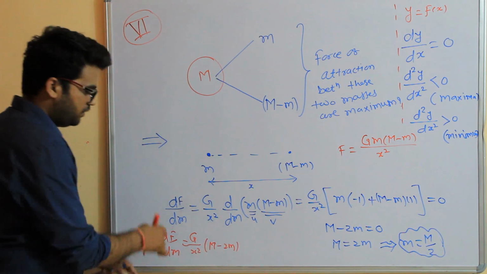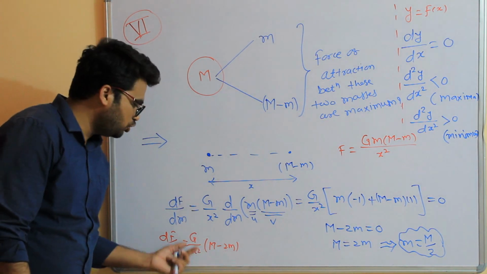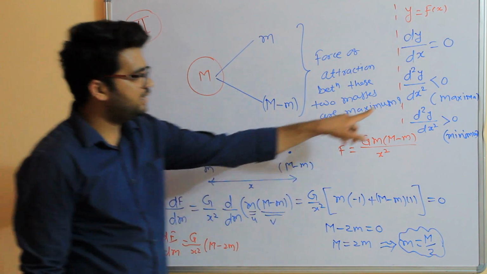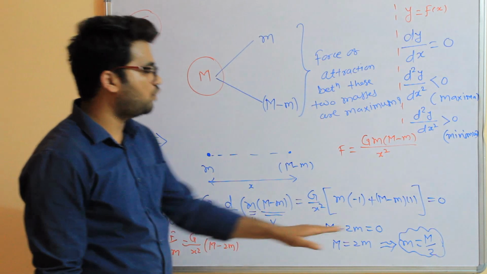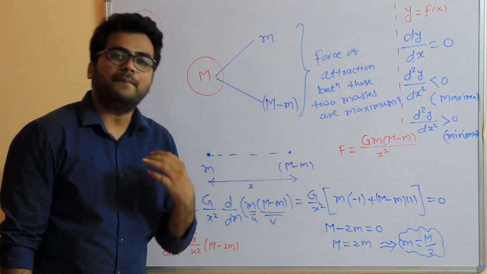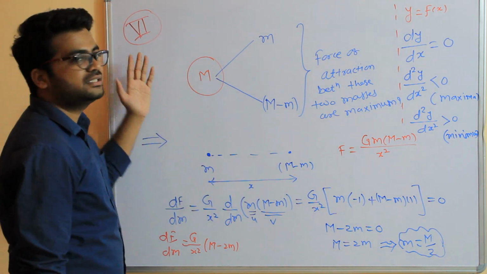Now if you double differentiate it, it will become minus 2 into G by x squared. Minus means what? See here, less than 0. Less than 0 means what? Maximum. That means for m is equal to capital M by 2, this function is maximum. So this is our sixth model.